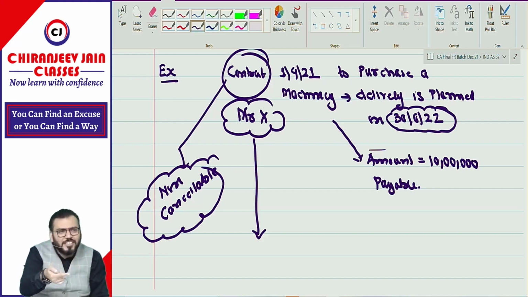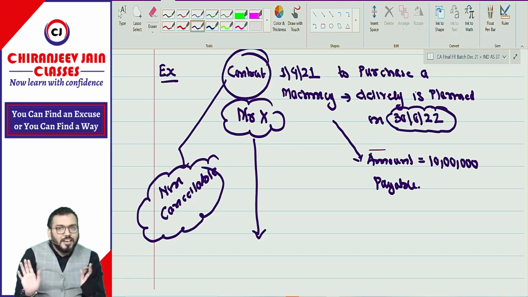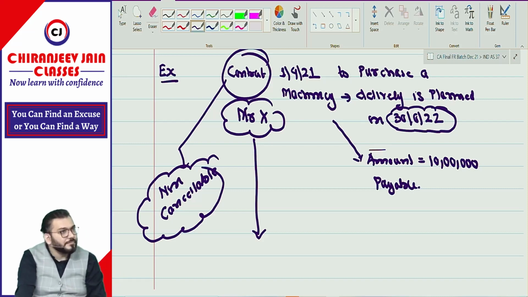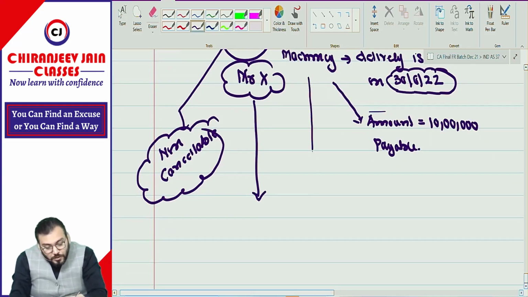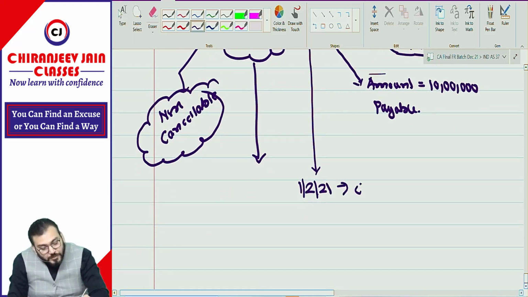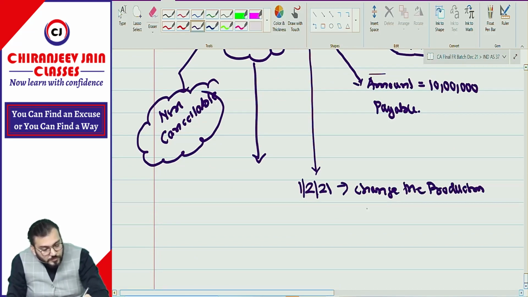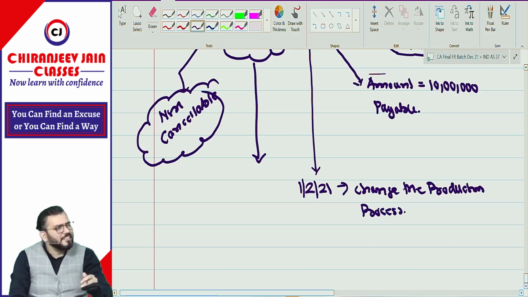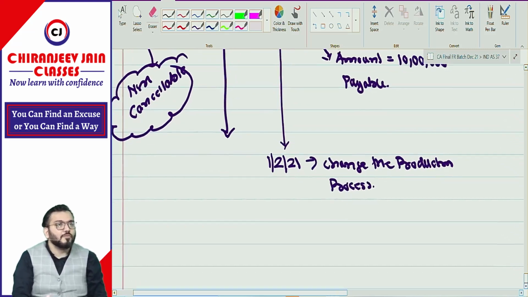But now I will change the example. The contract is there, same example. What happened on 1st Feb 2021, means in the current year? Mr. X has decided to change the production process. He has changed the production process. Quite possible.